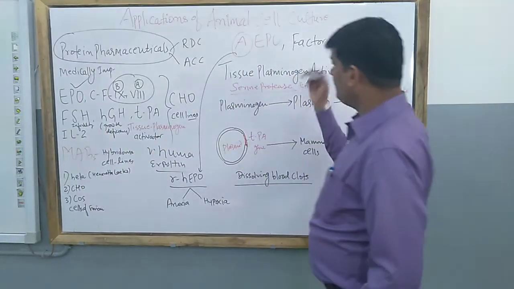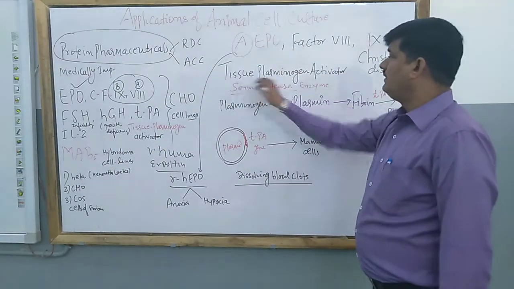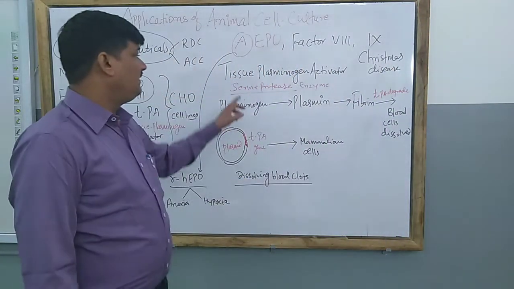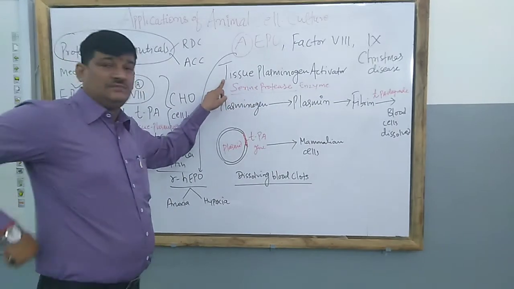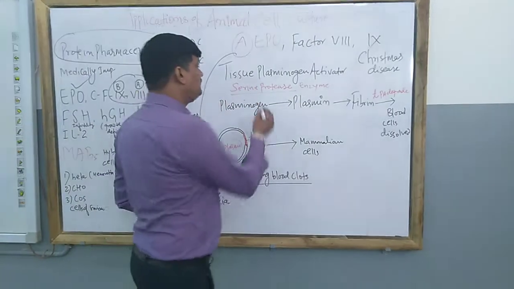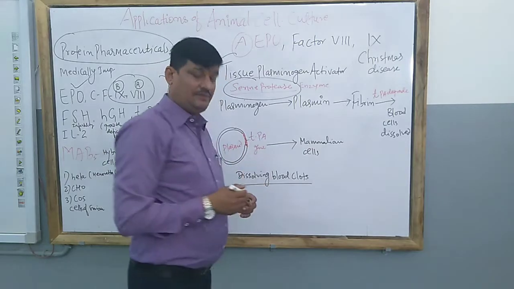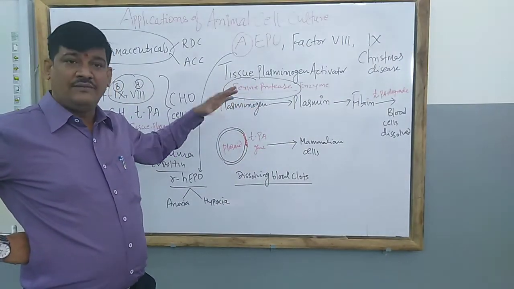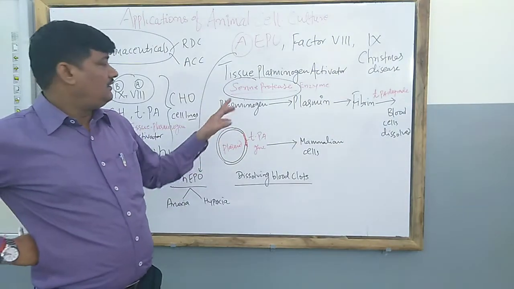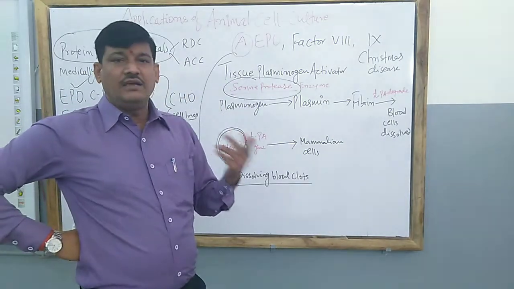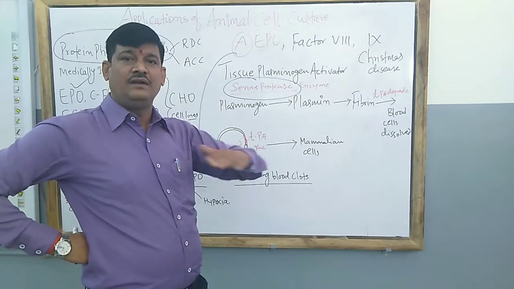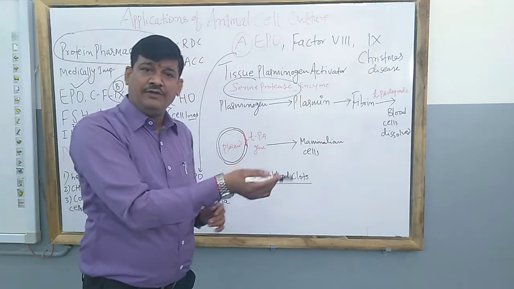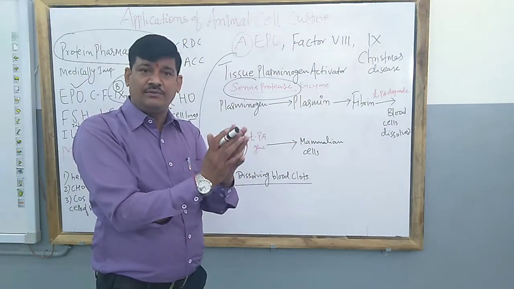So now come to tissue plasminogen activator in detail. Tissue plasminogen activator is an enzyme and it belongs to the serine proteases. That is the category's name. You have studied the clotting of blood. You know the clotting of blood is a multi-step process where fibrinogen is converted into fibrin, and the fibrin is responsible for the clotting of the blood.